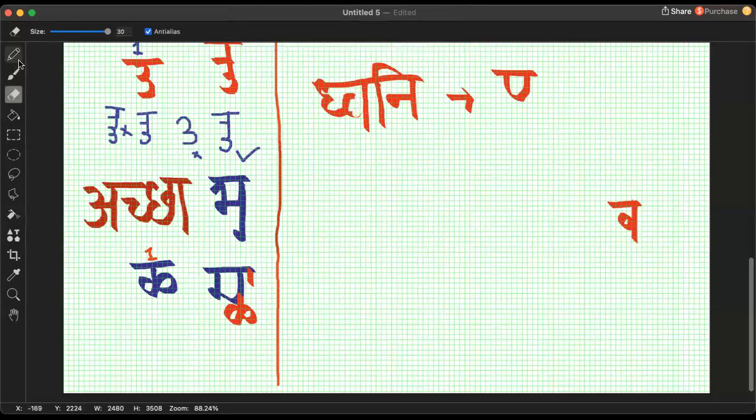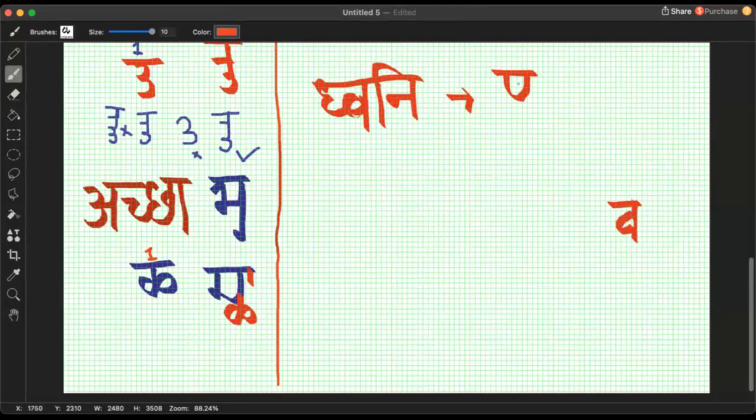Actually, va is written like this here. Okay, yeah, this is va. And in Sharda, it is written. Okay, this is va in Sharda.